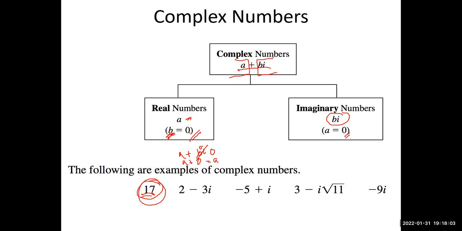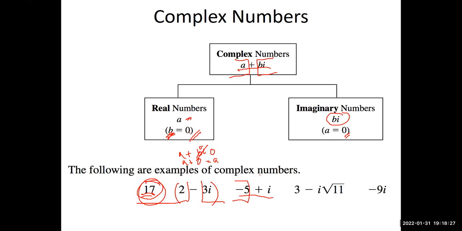So 17. Okay? So 2 minus 3i is a complex number. 2 is the real part and 3i is the imaginary part. Negative 5 plus i is also a complex number.